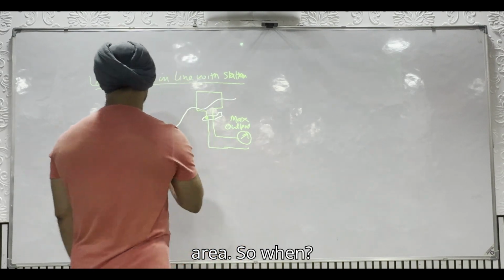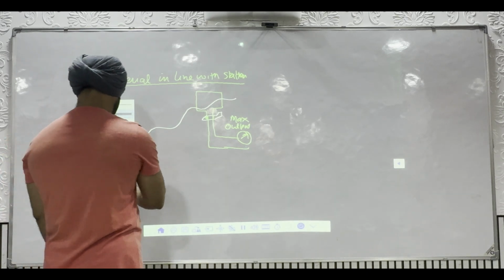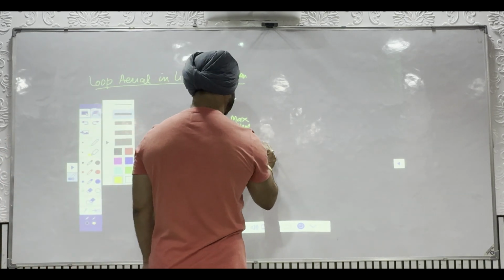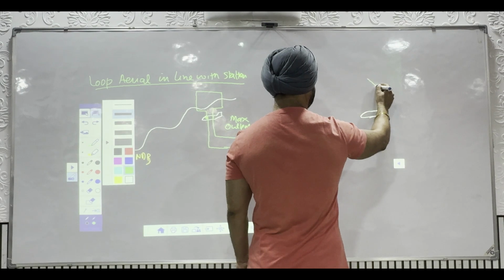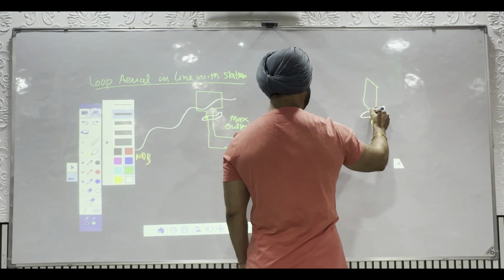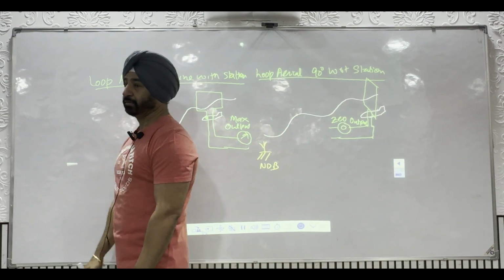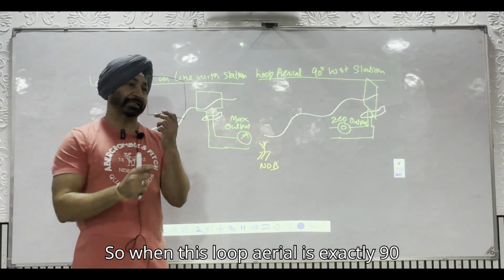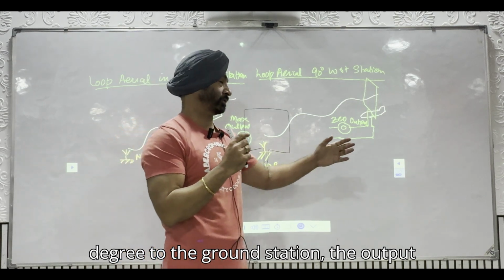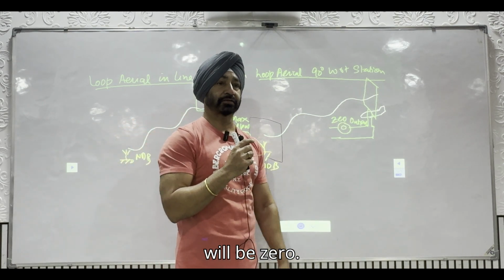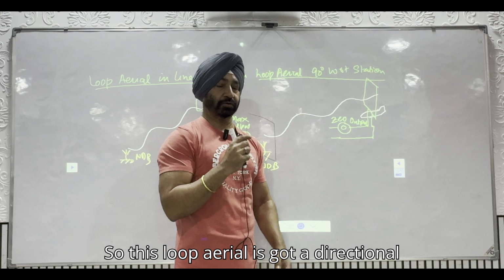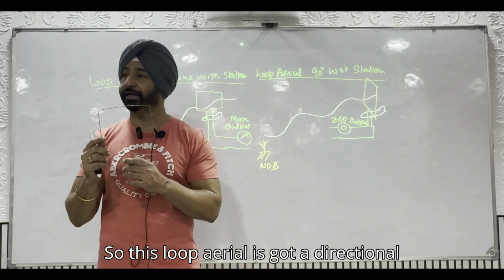So when this loop aerial is exactly 90 degrees to the ground station, the output will be 0. So this loop aerial has got a directional property.